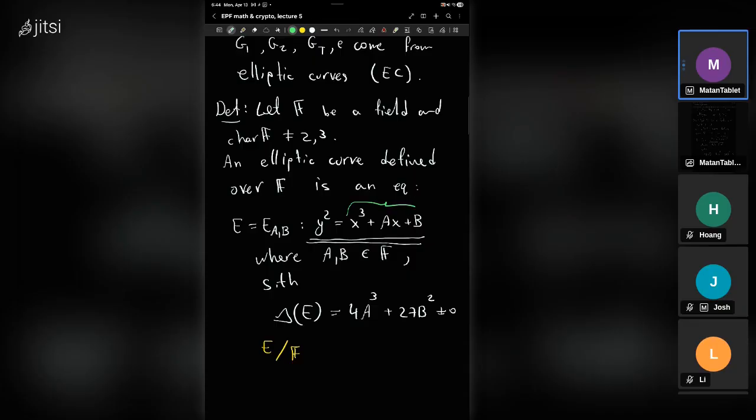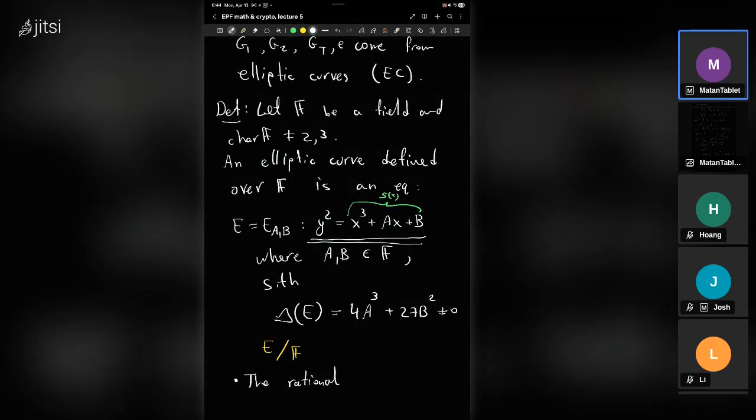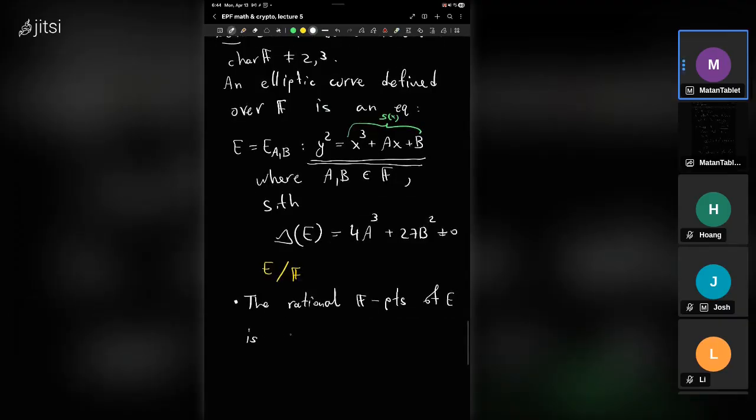Now this guy is called S of X, and we say that the rational F points of E is the set E of F. It's the set of all pairs x comma y in F squared, such that the equation holds, right?